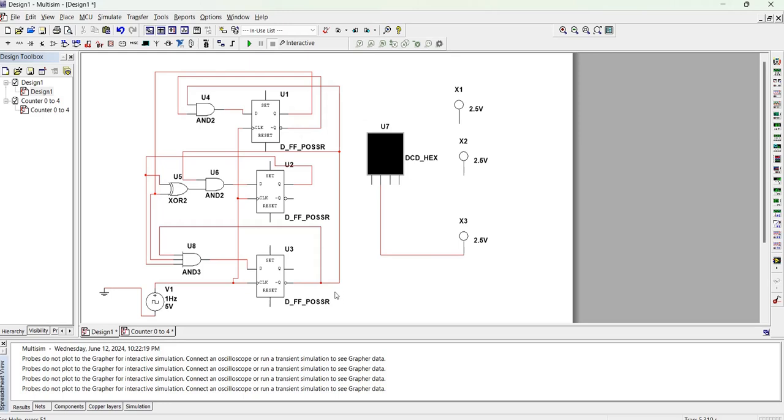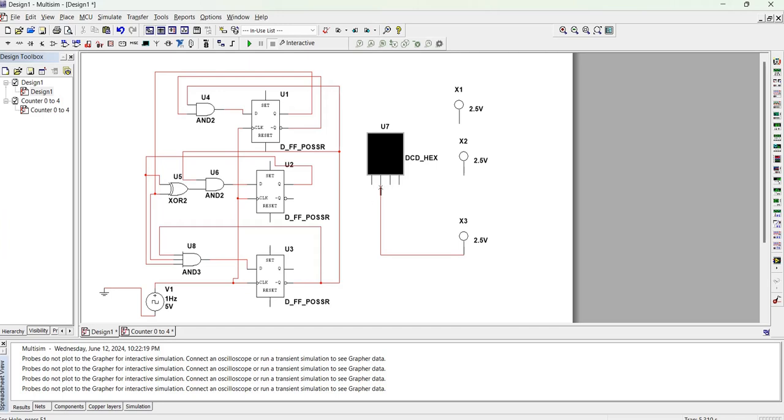So true 2, we want our values to be, for example, the most significant bit should be here. Then the least significant bit should be there. So since this is true not, true 1, true 2, my most significant bit is going to be coming from here.